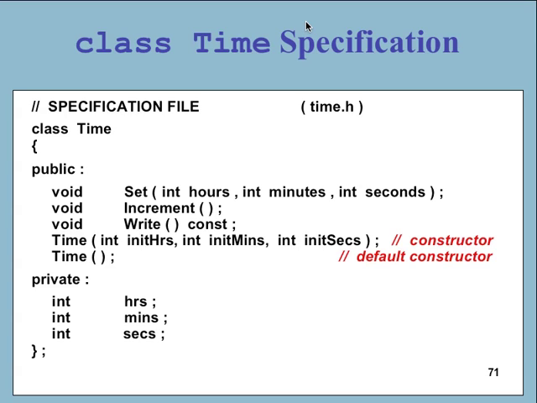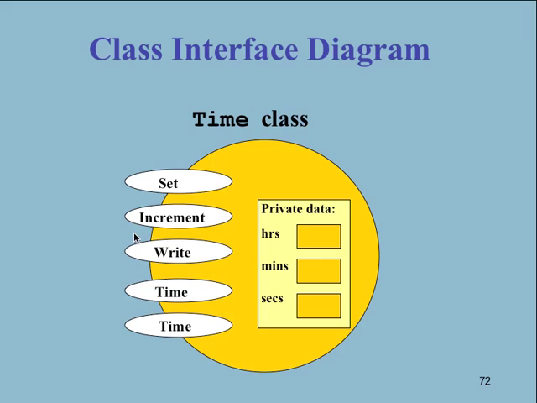So, class time as a specification. This is actually not a bad review lecture for the final. But next week I'll tell you exactly what you need to know. Our class time is a .h file, and you might consider these function prototypes. Actually, they are. They're operation prototypes for what the class is going to do. And then when we make a class interface, we can have the public and the private.